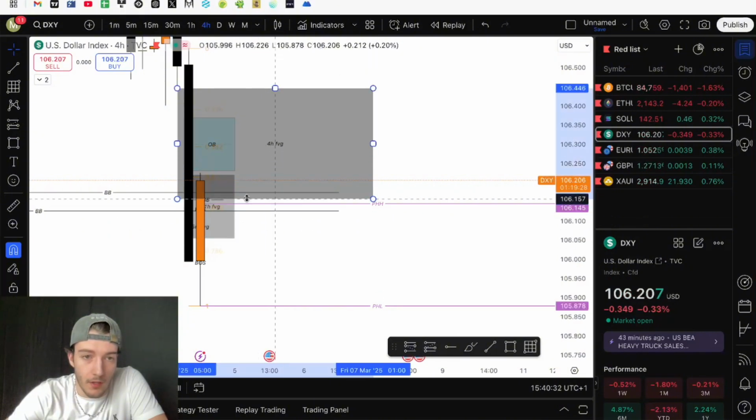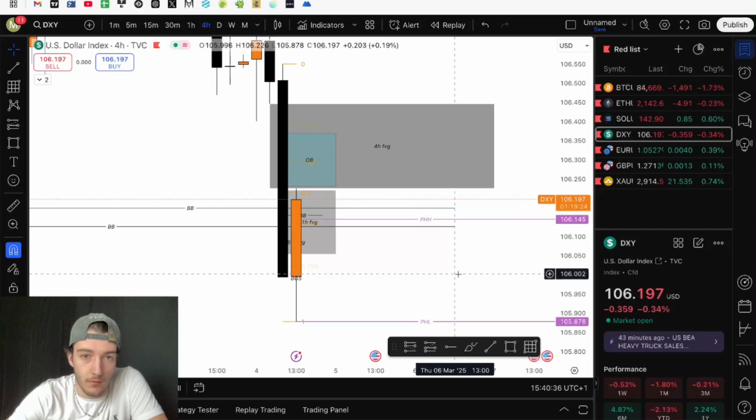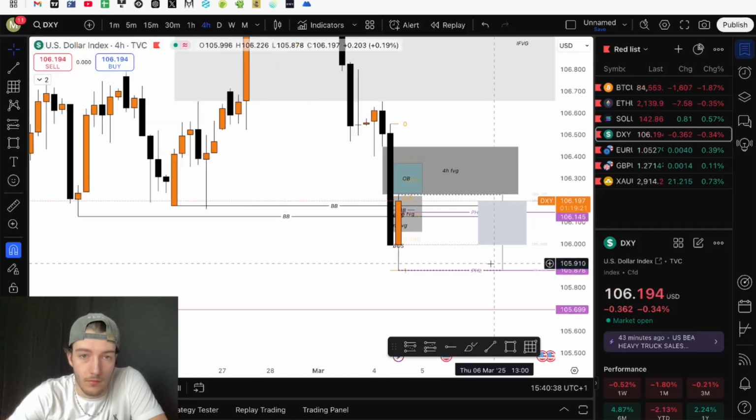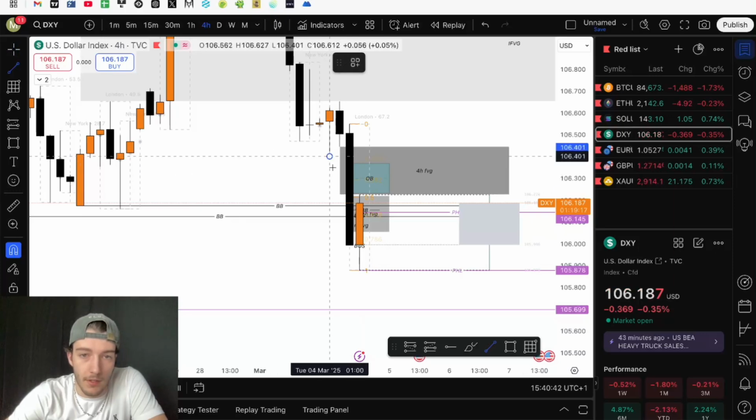And this 4 hour fair gap is gonna be formed up here. There is a breaker here.